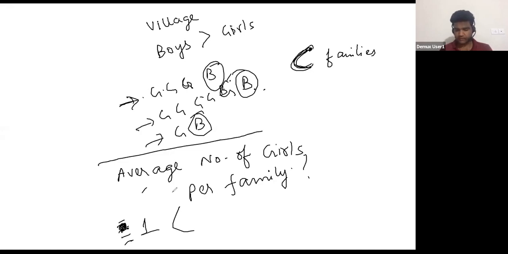Just do an expectation calculation, nothing else. What is the expected number of girls per family?